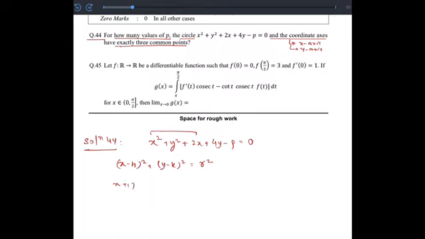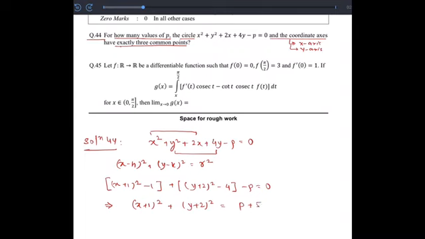So we can write (x plus 1) whole square minus 1, and we'll club y square and 4y, and we can write (y plus 2) whole square minus 4 minus p is equal to 0. So (x plus 1) whole square plus (y plus 2) whole square is equal to p plus 5.